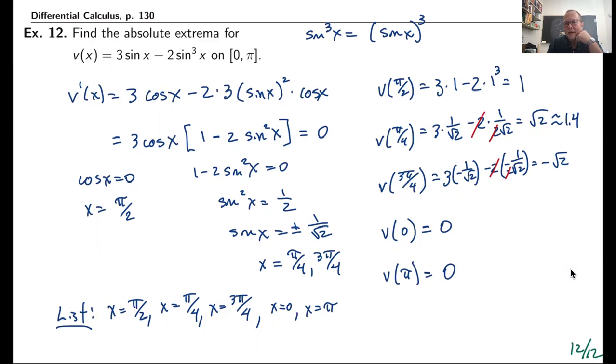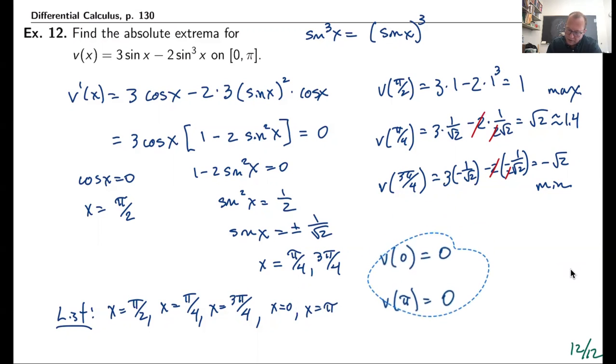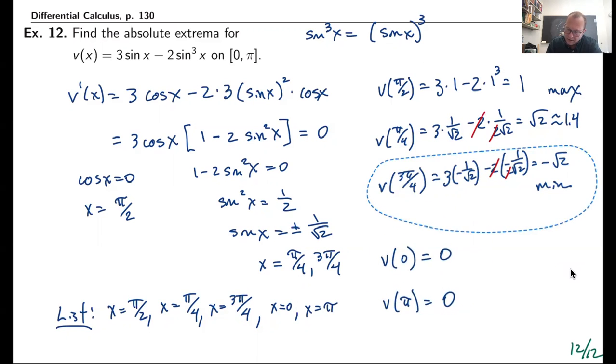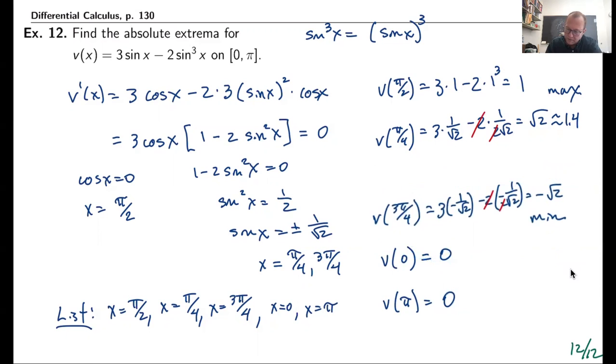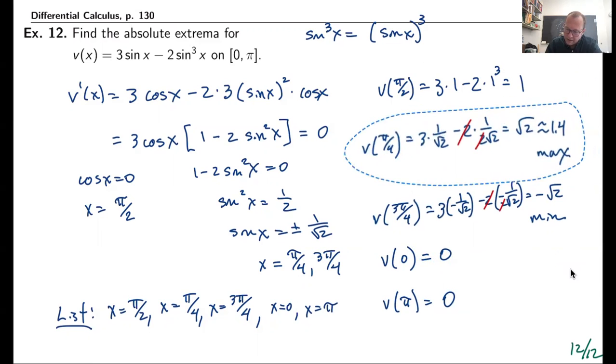So when we look back at this, we will see that our minimum happened here for the negative root 2, and our maximum happened here for the positive root 2. I'm going to separate things a little bit better so that when I circle the middle, look like I planned it.